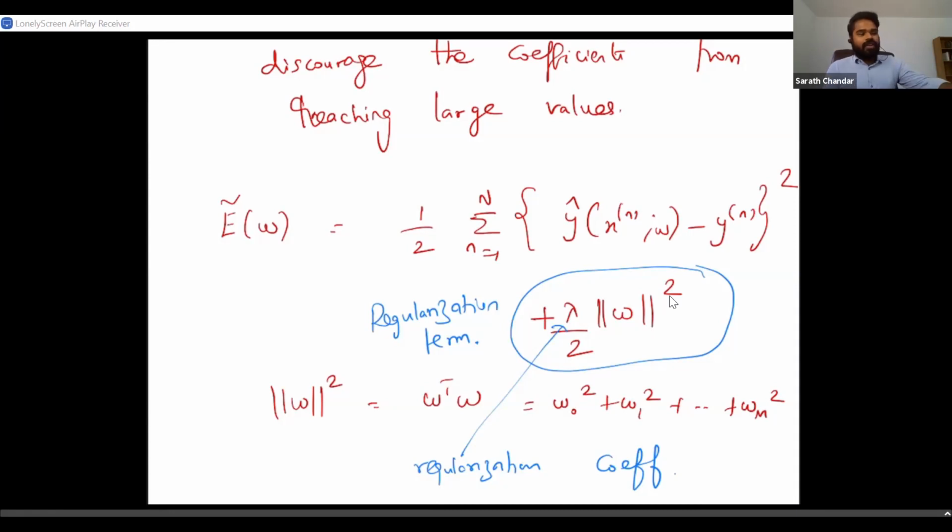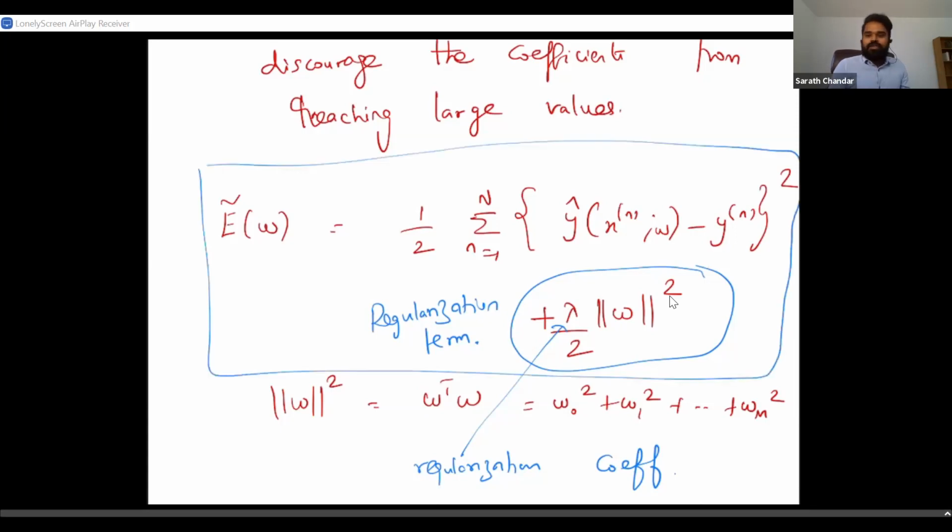We are probably not going to derive the closed form solution for this regularized regression model in this lecture, but just know that this particular error function is quadratic, and hence we can come up with a closed form solution for it. For the moment, let's assume that someone has given us a solver which will help us find the w which minimizes this error function.